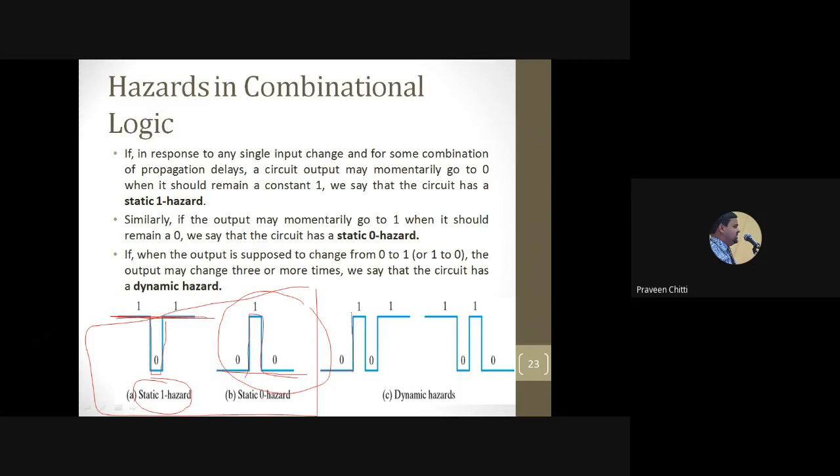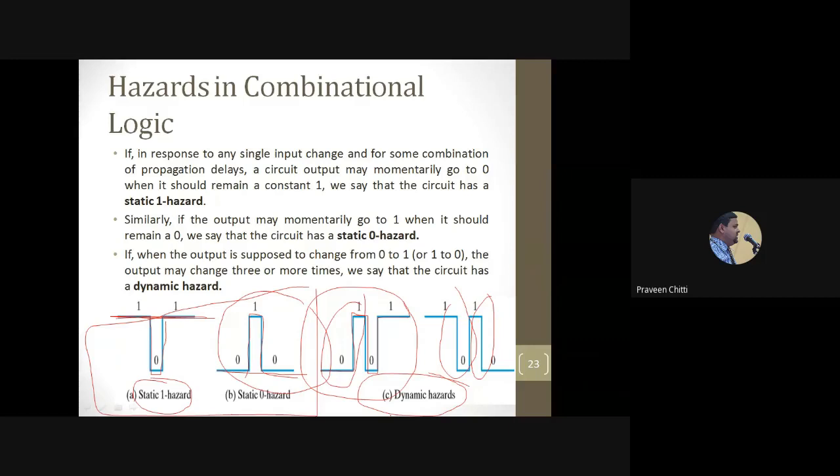The output should change from 0 to 1 only, but instead it changes from 1 to 0 and then again from 0 to 1. If instead of a single change you observe multiple changes, that is called a dynamic hazard. It may change from 0 to 1 multiple times, or from 1 to 0 multiple times.